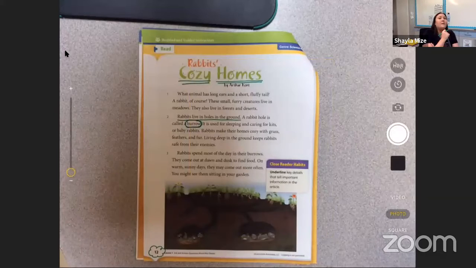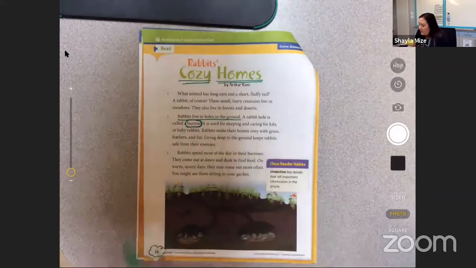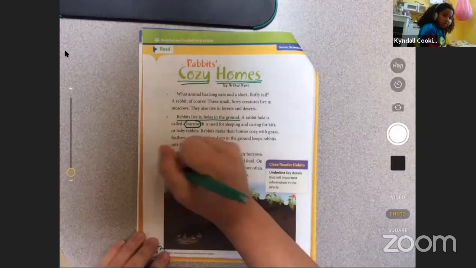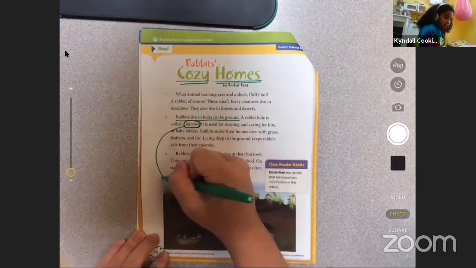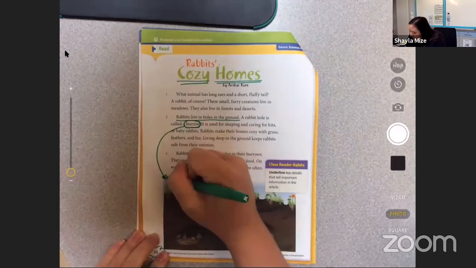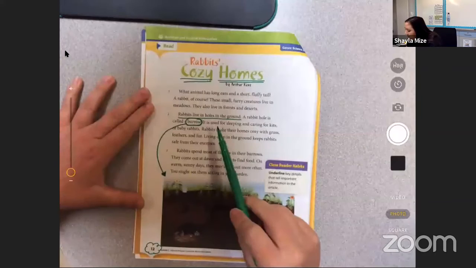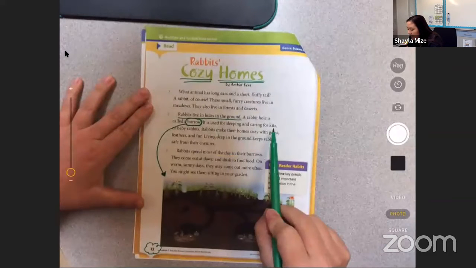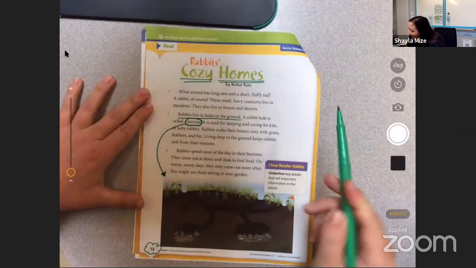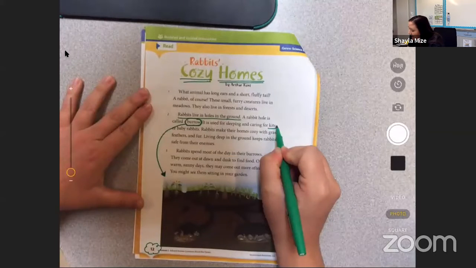Let's see. Kendall, what's a burrow? A burrow is a home that's underground. So it's kind of like a hole. So a burrow is what's in these pictures. Okay, so it is used for sleeping and caring for kits or baby rabbits. So what is a kit?